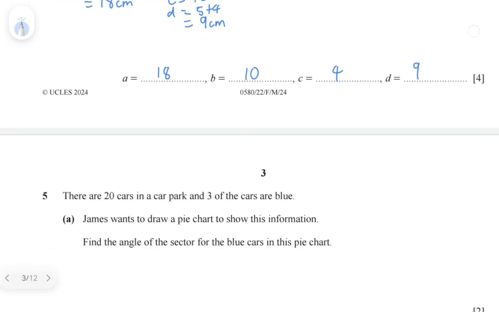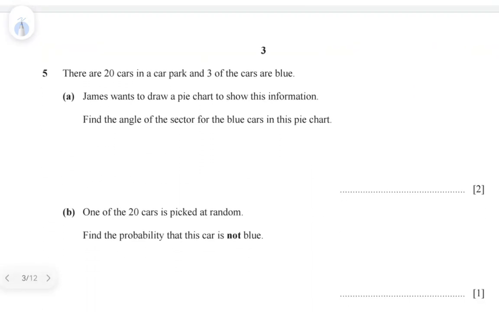D equaling 9. Now moving on to question 5, we're asked to find the angle of the sector of a pie chart. A pie chart divides its total angle of 360 degrees proportionally to the data it is trying to represent. So what this means is that we have to find the ratio of angles.